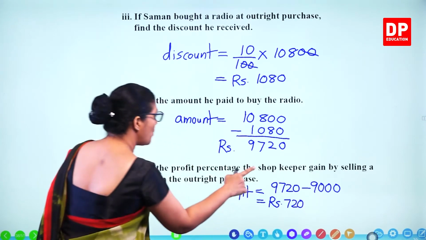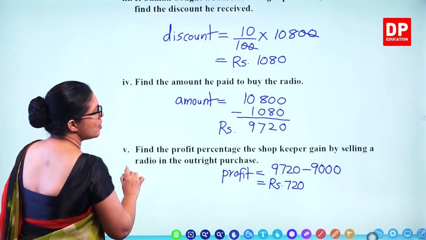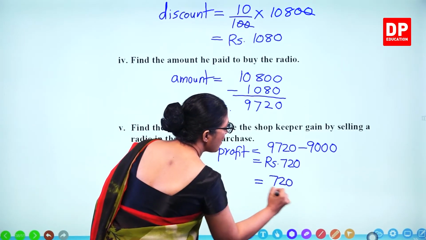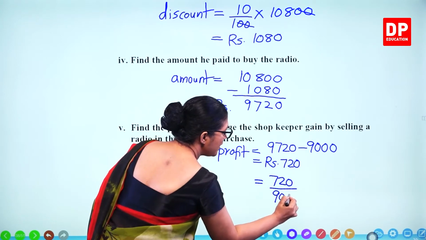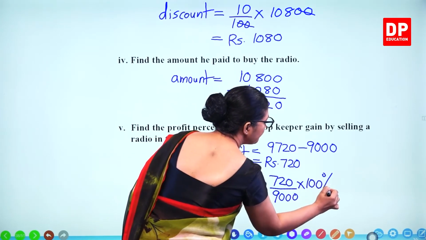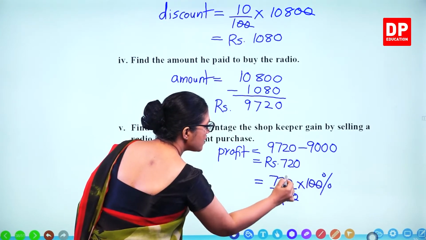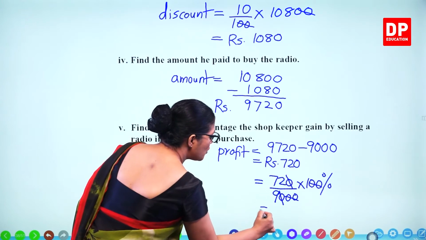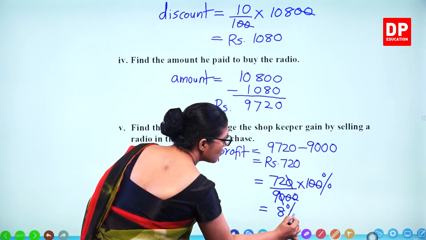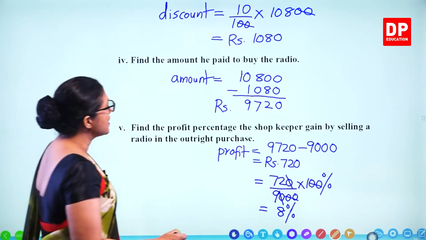720 rupees. So we need to find out the profit percentage. So profit divided by the buying price 9,000 into 100%. 2 zeros get cancelled out and 1 zero with this one. 72 divided by 9, that's 8. So the profit percentage is 8%.